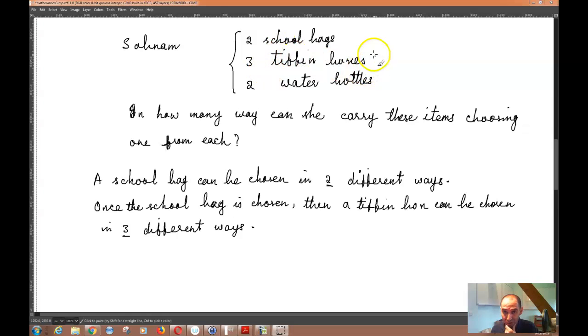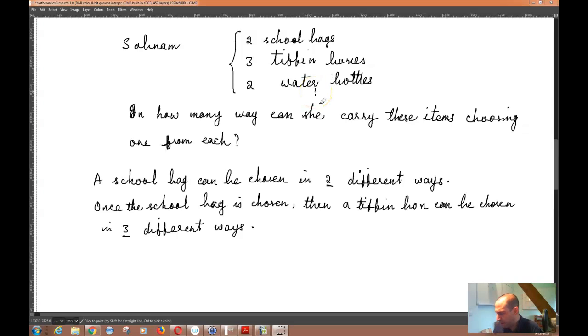Of course we are assuming that these tiffin boxes are different, meaning that if you chose the first tiffin box or the second tiffin box, you would recognize the difference.